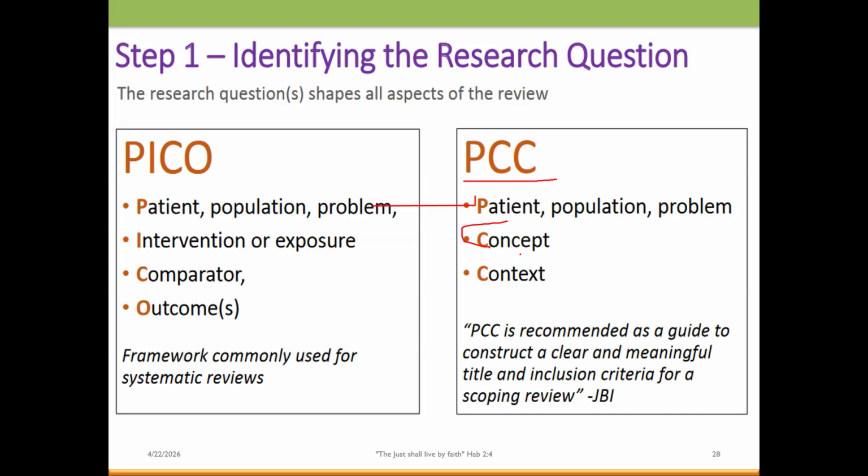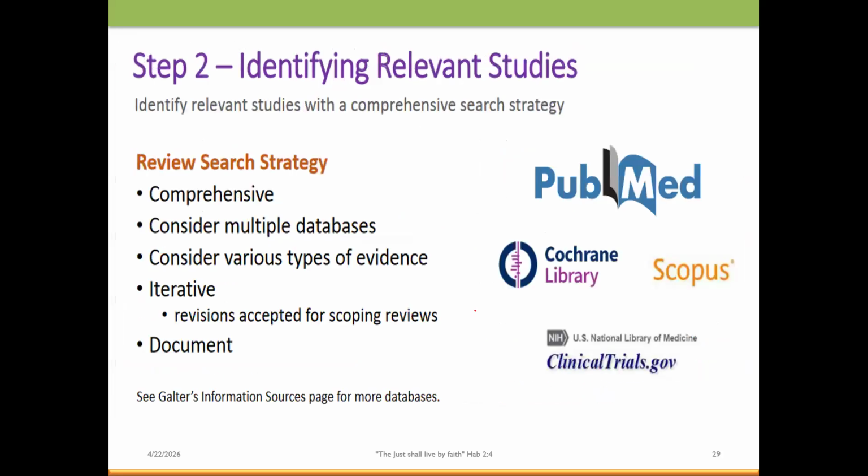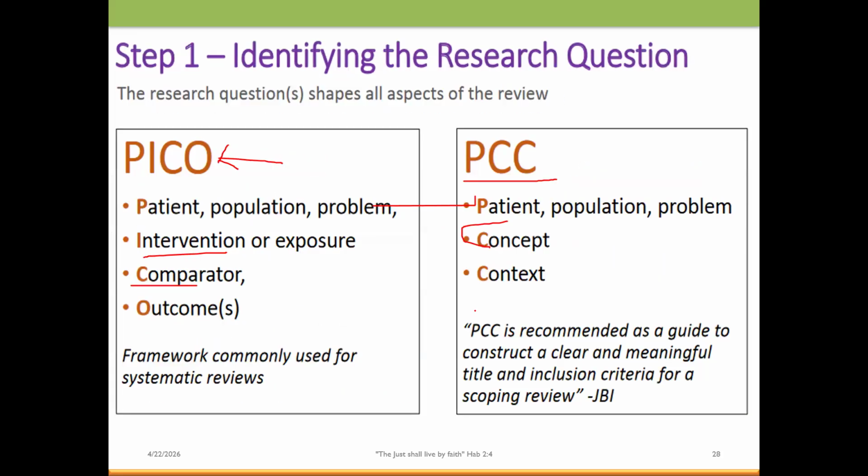It is as simple as this. But for systematic reviews, you have to think about the intervention, the comparator, and also the outcomes. You can read more about these frameworks. They can guide you accordingly.